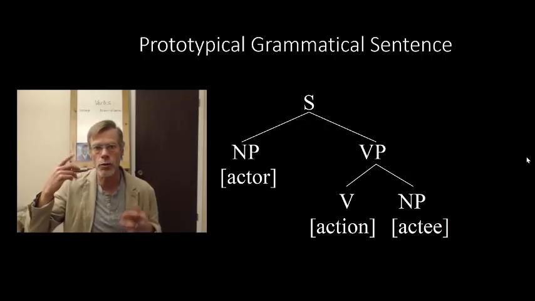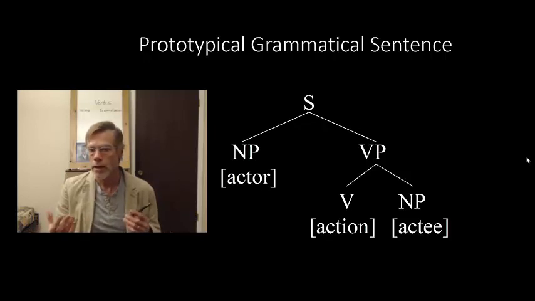This is the image that we have in our heads of what sentences do and how they behave. Again, we've got a subject and a predicate, but now when we talk about the subject, we're talking about an actor, somebody doing things. And typically, prototypically, we think of people performing things, doing things.